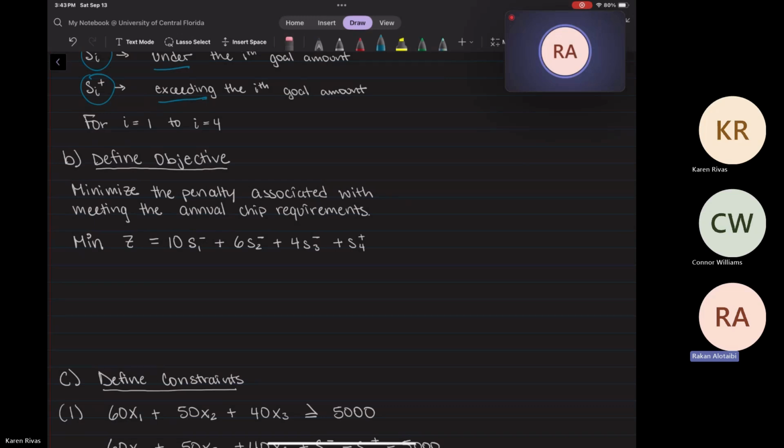Z here is the total cost of penalties, and the 10 is for d1, 6 is for d2, and 4 is for d3. That is the penalty cost per chip that does not meet requirements, and d4 is the penalty cost for exceeding the budget.